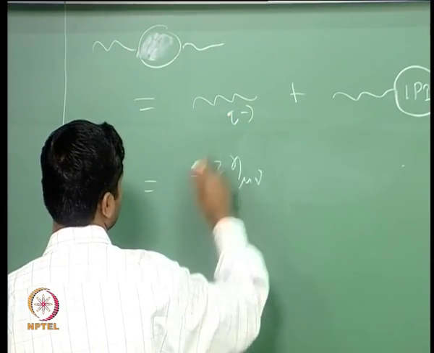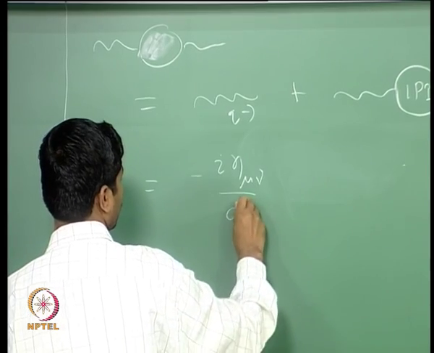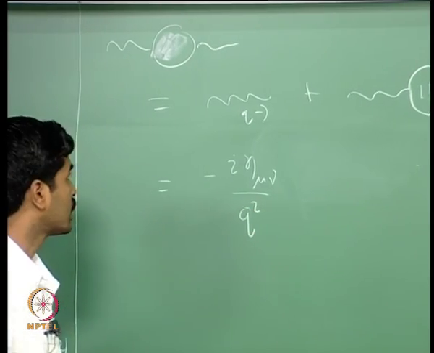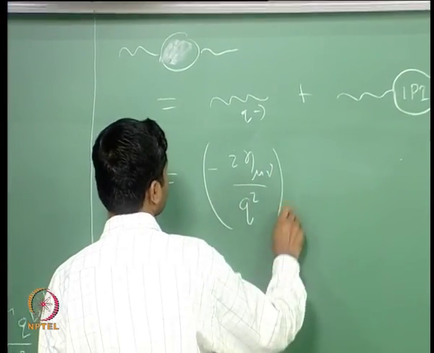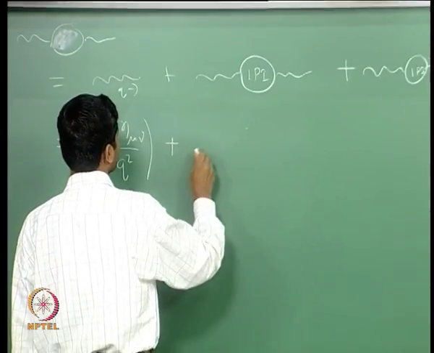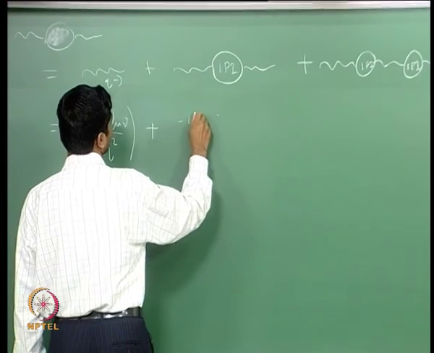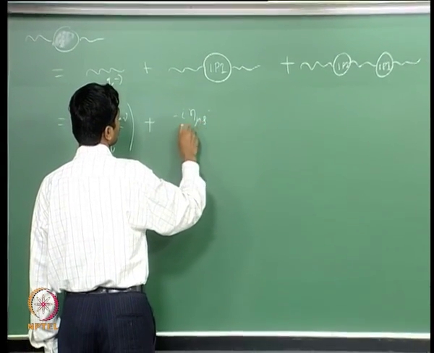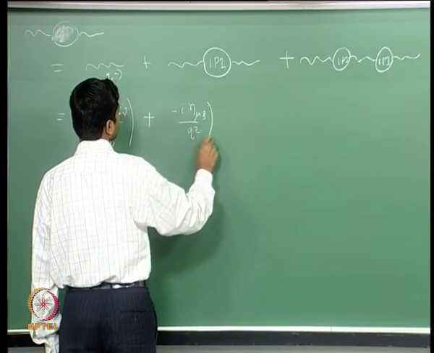if q is the momentum, then this will simply be q². This is from this term. Here you will have one photon propagator, which will simply be minus i η_μρ over q².